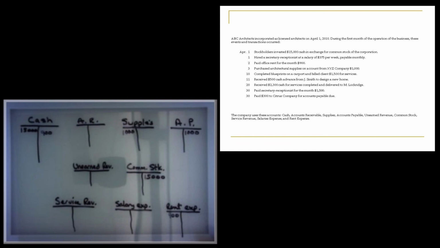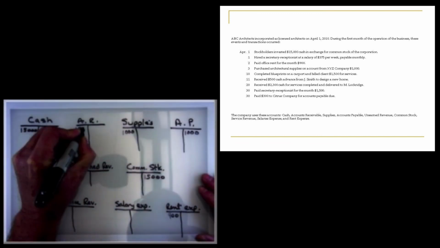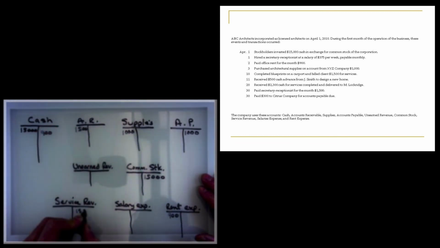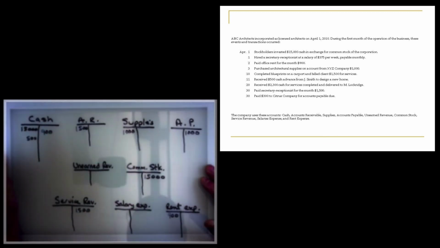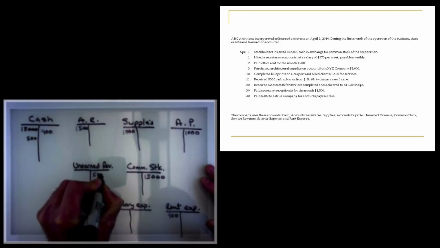So to post, I'm going to debit accounts receivable, credit service revenue, and I've just posted. Next journal entry, debit cash 500, credit unearned revenue 500. Okay, so debit cash for 500 and credit unearned revenue for 500.